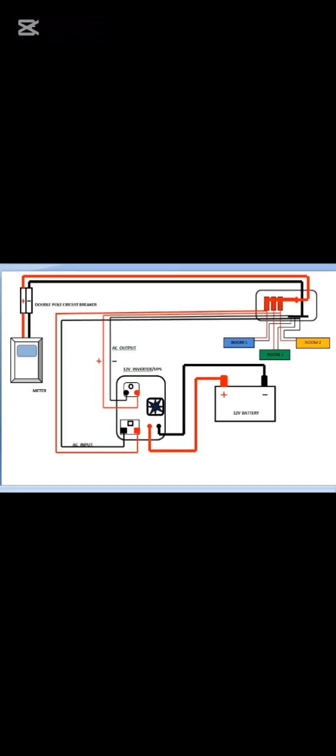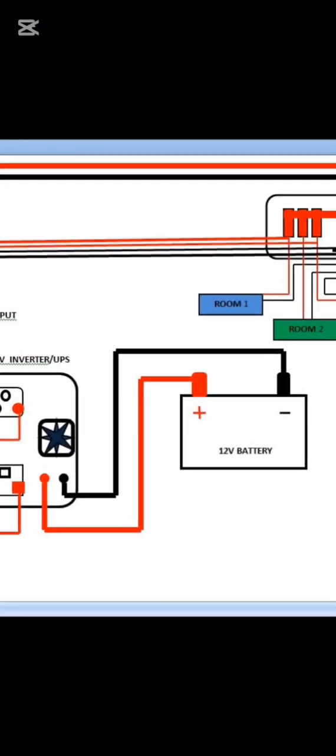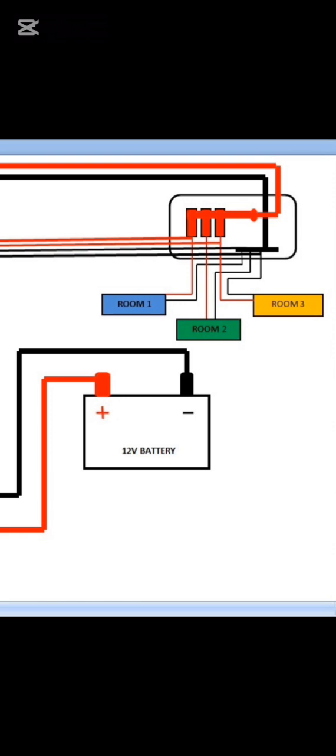So as you can see in this arrangement, by so doing, you get your uninterrupted power supply because you are using both the main power supply and the UPS in one consumer unit. The switch over takes place automatically.